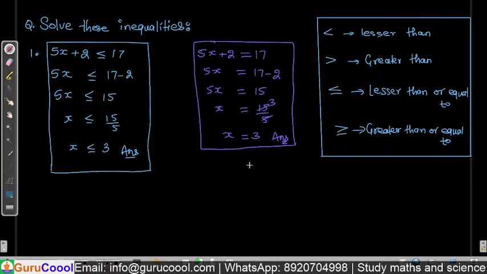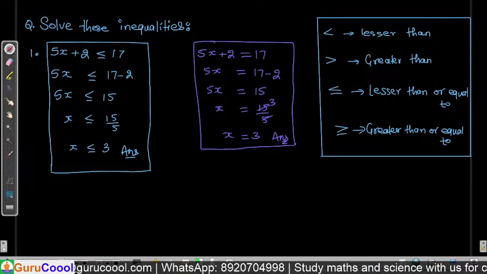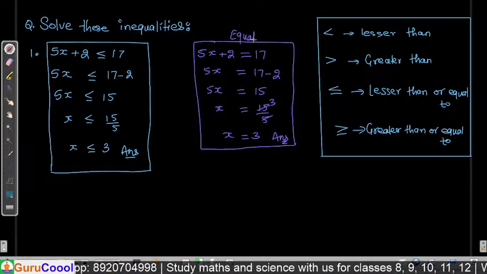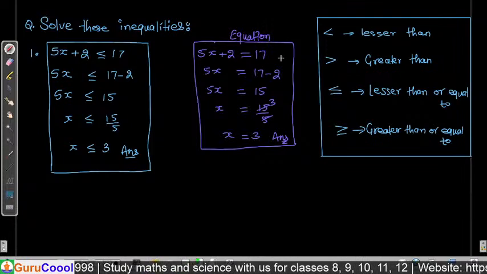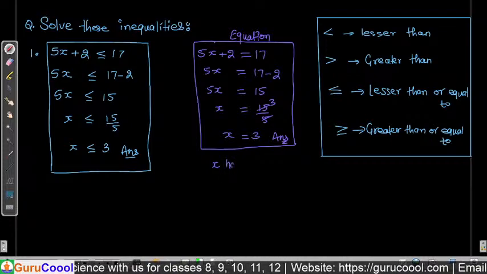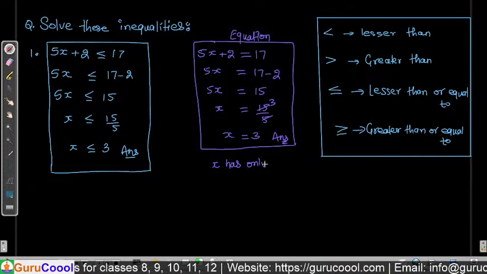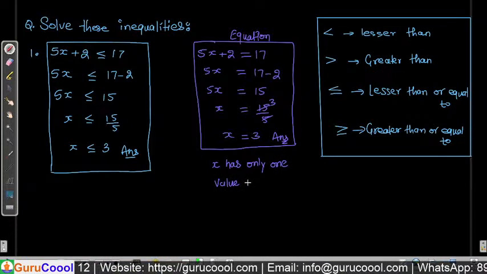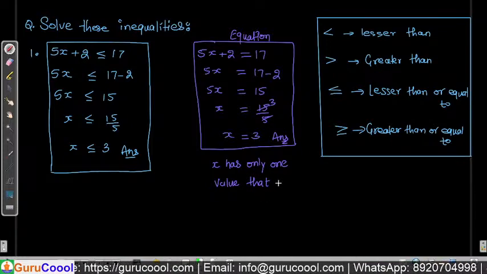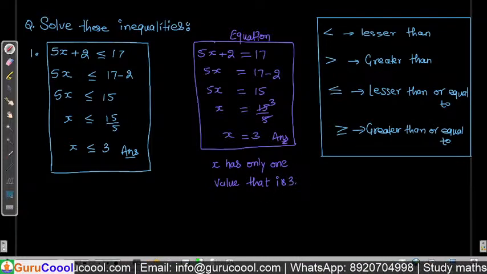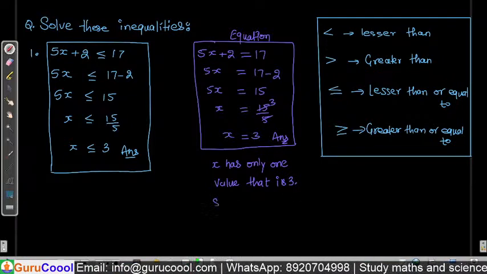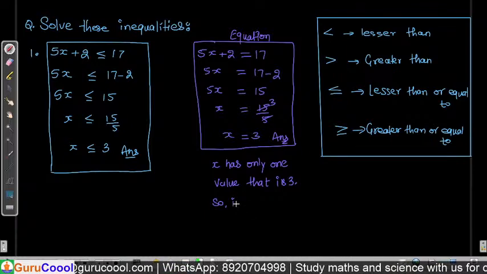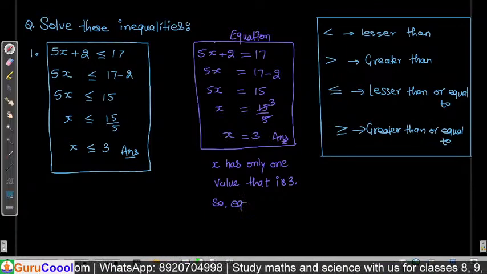See, when it was an equation, how many values of x did you get? Yes, x has only one value, that is 3. So it has only one solution. An equation has only one solution.